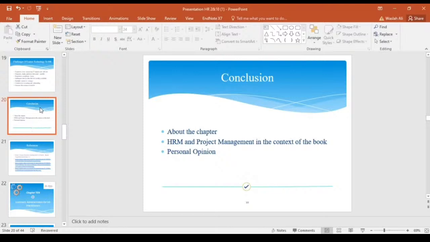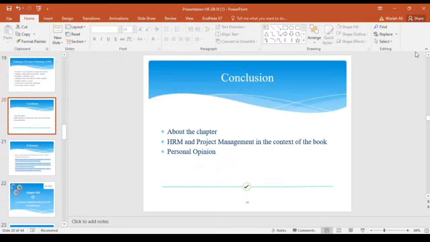Conclusion. The conclusion about the whole presentation is that this chapter has explained some key terms related to project-based organization and human resource management in a short-term activity, which is called a project.